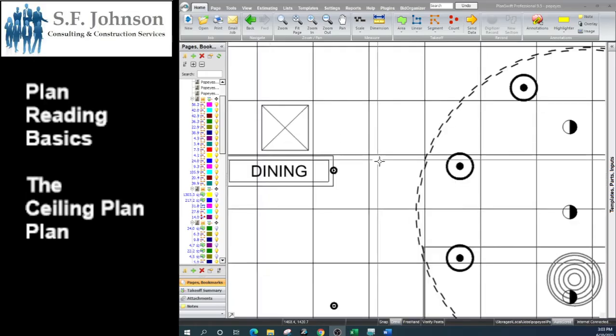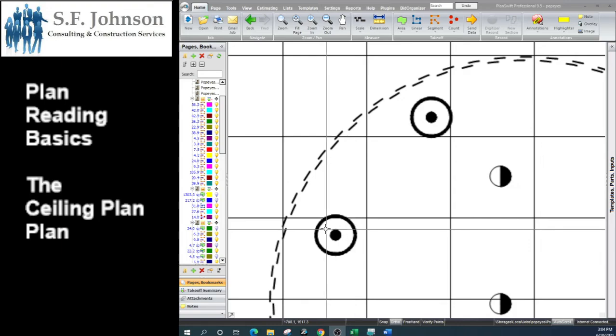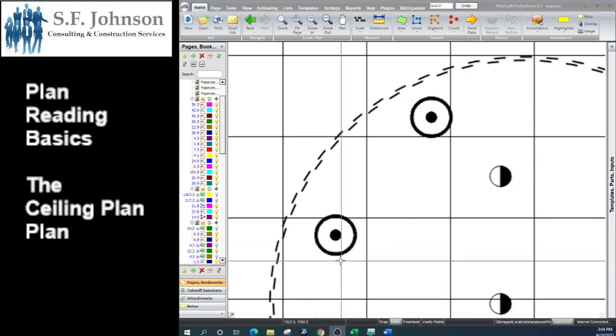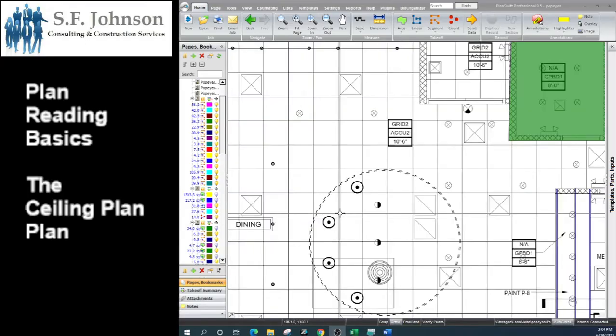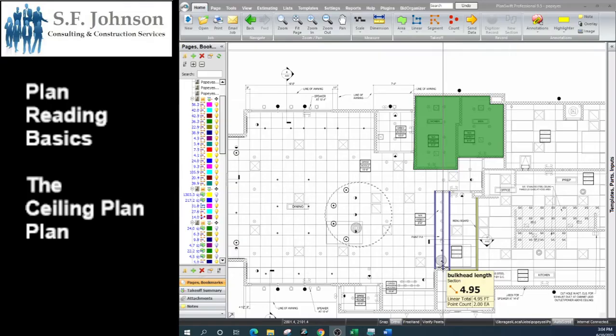We have a grill in there, or we have a few of the tiles that need to be fitted for casings for the lights. Okay, so when you see the ceiling plan, you're going to see everything that's represented on the ceiling, and it's typically for reference only for whoever's installing the ceiling finish.